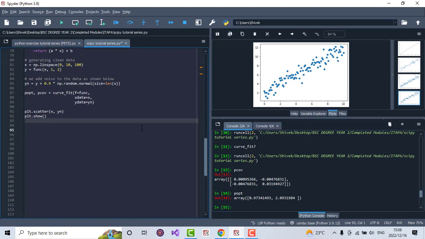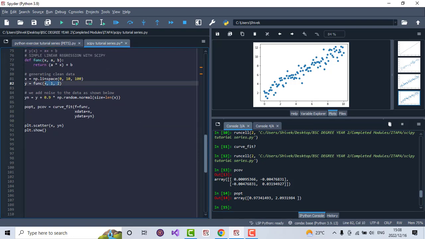What I mean is, we know for a fact that we were working with x1 and 2. Our equation is f of x equals 1a plus 2. Now, SciPy has not seen the function before.